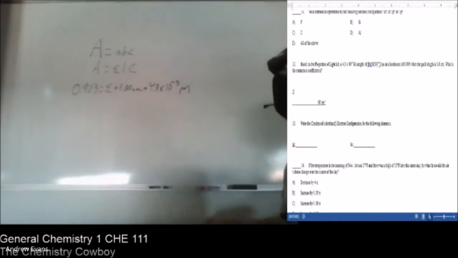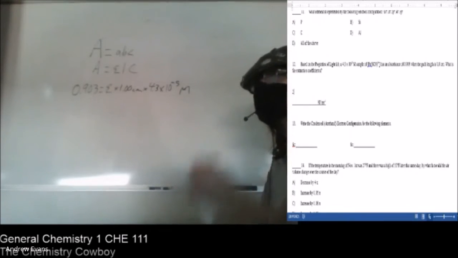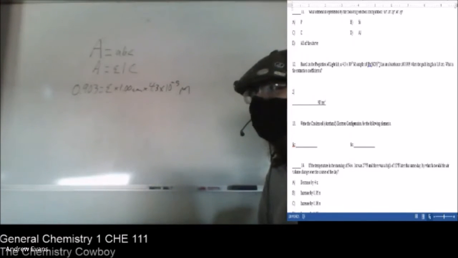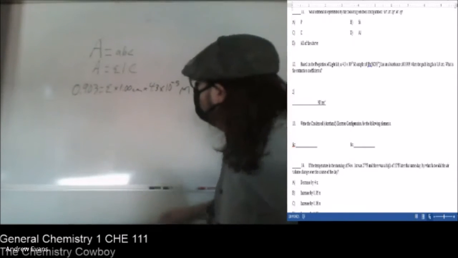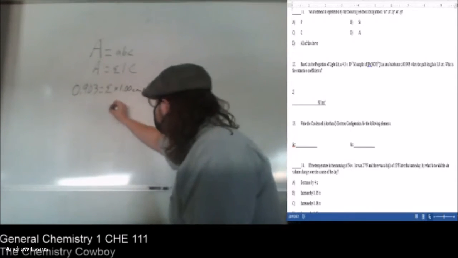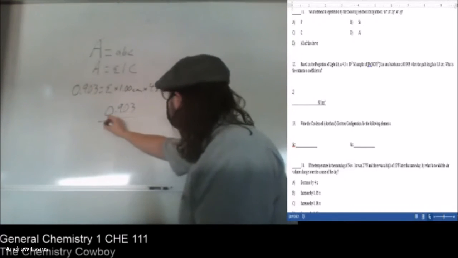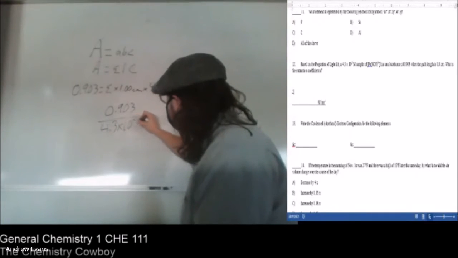So we always set the path length as 1 because we have control of what the cell size is. We are trying to make this as easy as possible, but we have to take that into account because you could have a larger cell. In this particular case, all it comes down to is 0.903 divided by 4.3 times 10 to the negative 5th.